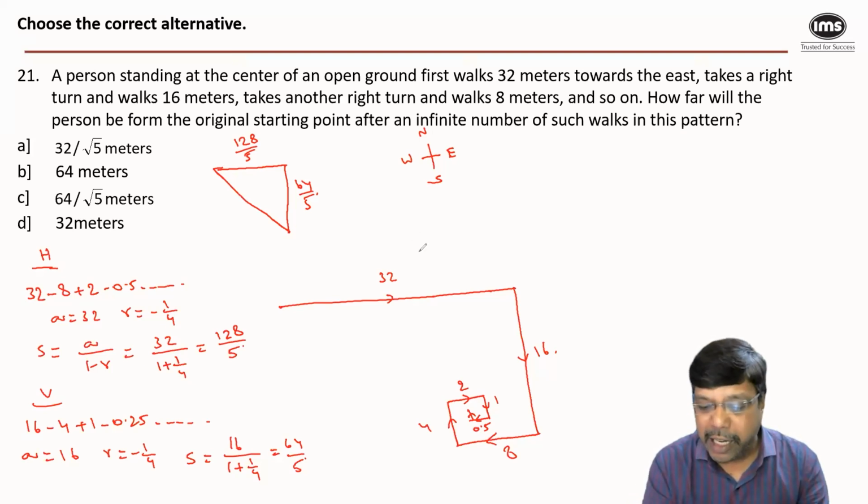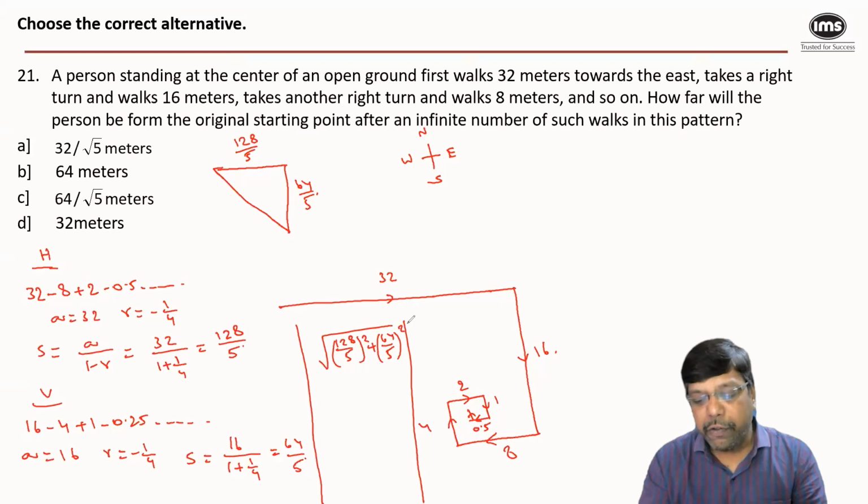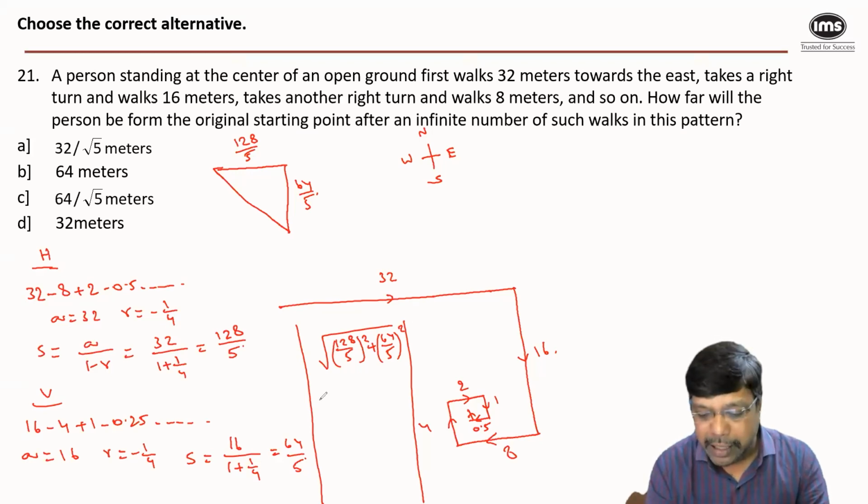then the shortest distance between the starting and ending points is nothing but the resultant of these two. So which is nothing but square root of (128 by 5) whole square plus (64 by 5) whole square. Now, if I take 64 by 5 whole square common, then it comes out of the root and becomes 64 by 5 into root of.